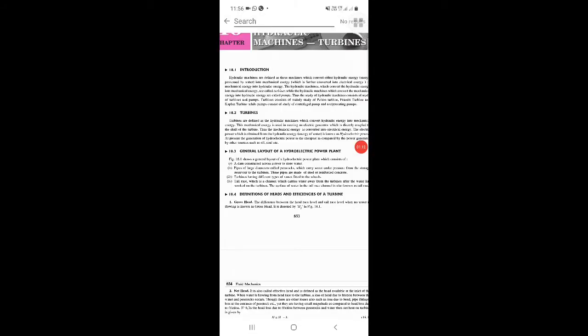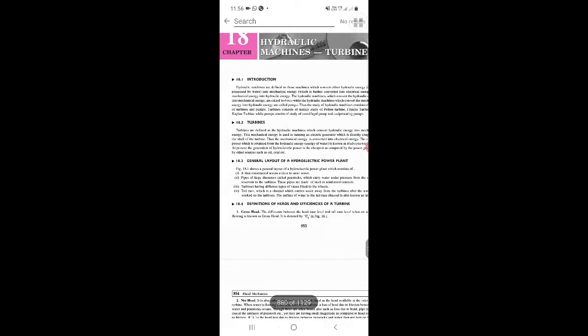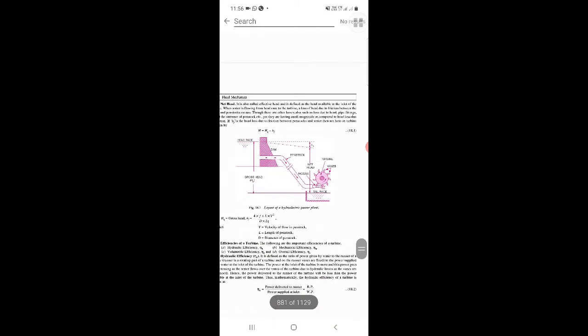So first is the general layout of a hydroelectric power plant. Firstly draw the figure, the general layout of a hydroelectric power plant.